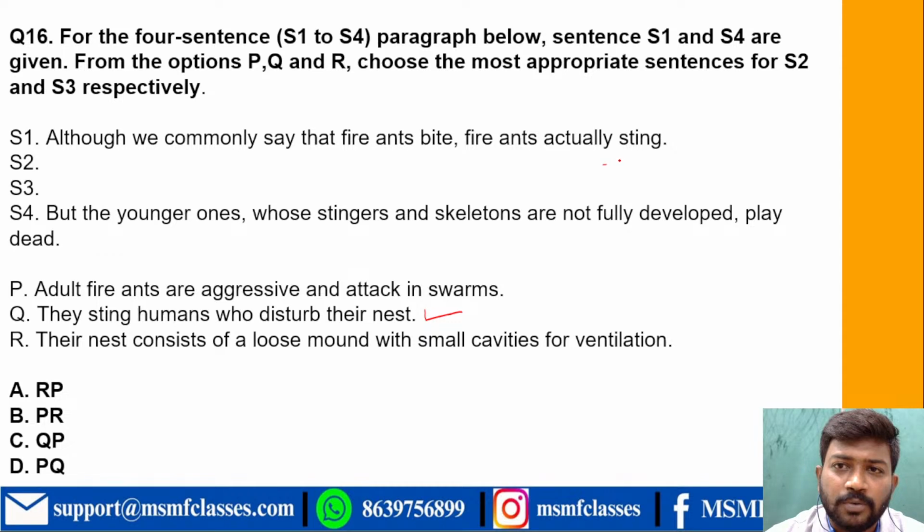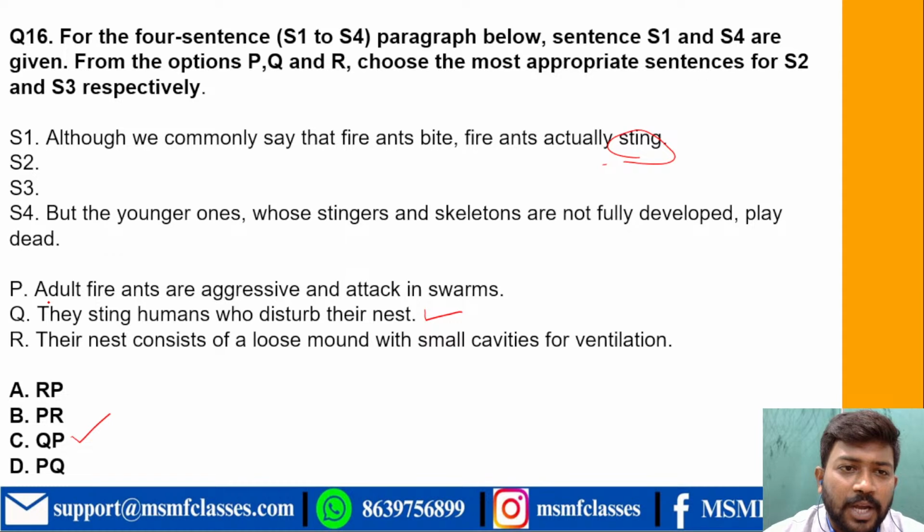Fire ants, they sting. When do they sting? They sting humans who disturb their nests. So Q option. You can find only one option which starts with Q here. That is option C. Let me check this also. Adult fire ants are aggressive and attack in swarms, but the younger ones, yes, exactly.